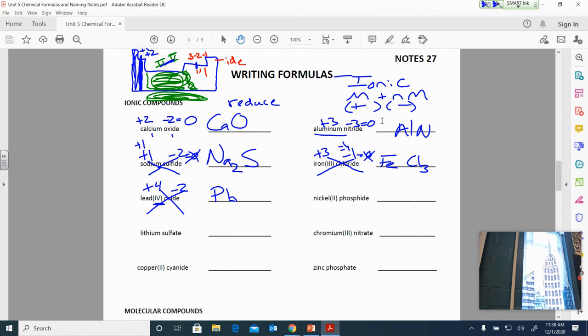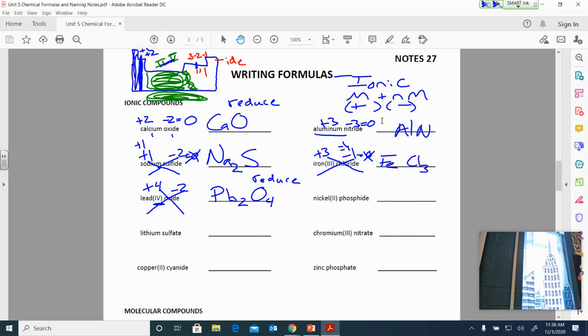I'm going to cross the 2 down, cross the 4 down, and it becomes lead 2, oxygen 4. I need 2 leads for every 4 oxygens. But again, if I can reduce, I must reduce. Every time you see even numbers, if you have 2 even numbers, then you can reduce them.